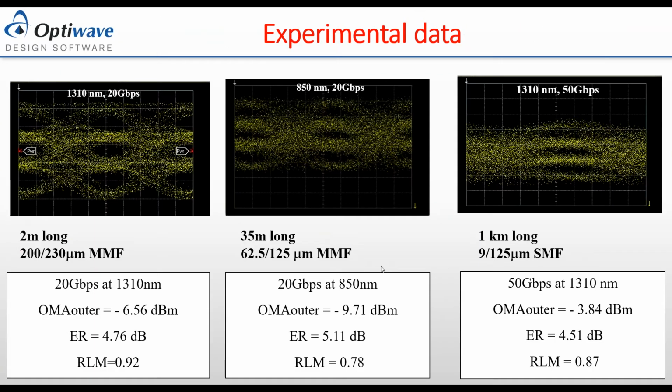Initially, we tried the 10 gigabit at 1310 nanometers. We tried that at 850 nanometers as well. Both of them at 10 gigabits per channel, MSB and LSB. Because each of those channels was operating at 10 gigabit, the total came out to be 20 gigabits per second or 10 gigabaud.